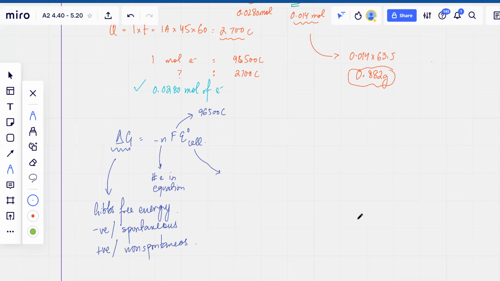You put them together, and if the value comes out to be negative, then that simply means the reaction, or the cell that you have constructed, is spontaneous. And if it comes out to be positive, that means the reaction is non-spontaneous.